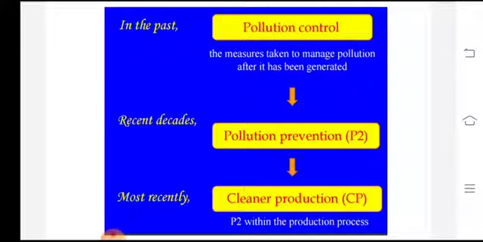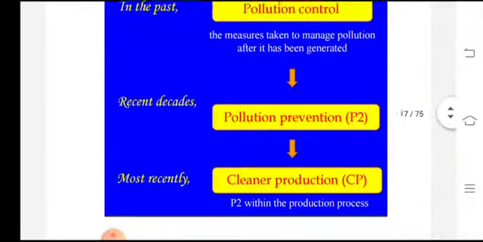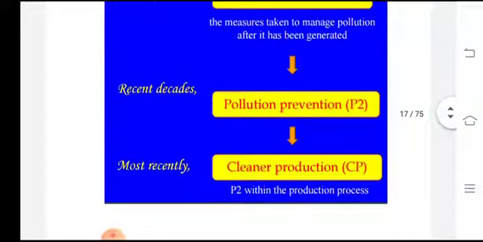Then now we have a recent concept, and that is called pollution prevention. Pollution prevention actually means to adopt those technologies so that the end product of the effluent or wastewater is much reduced. We are actually focusing on reducing the amount of wastewater produced. Please try to understand.